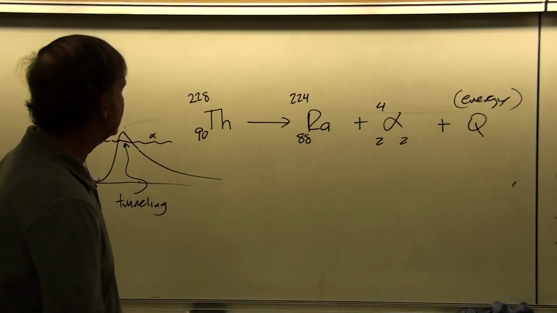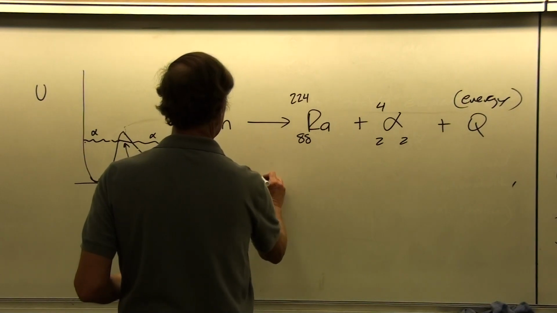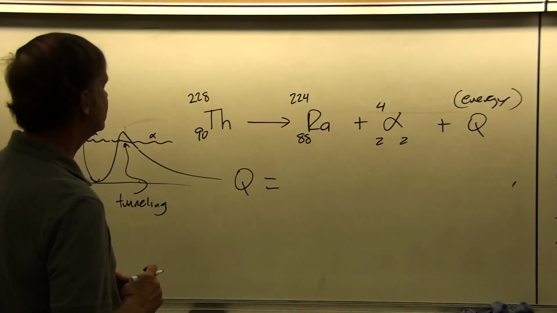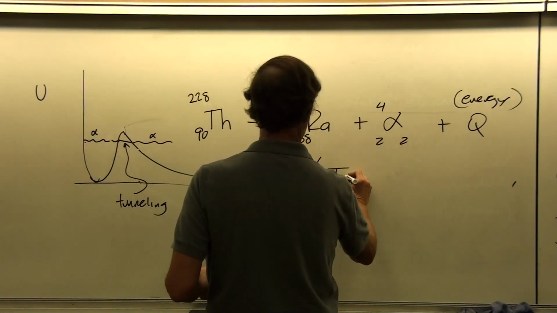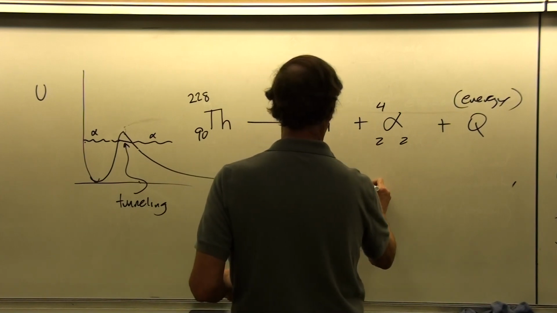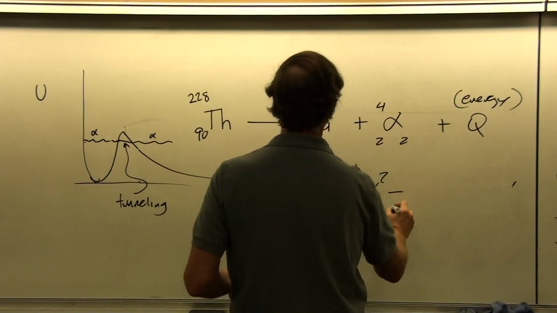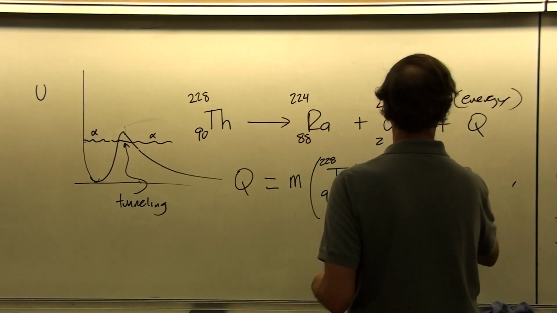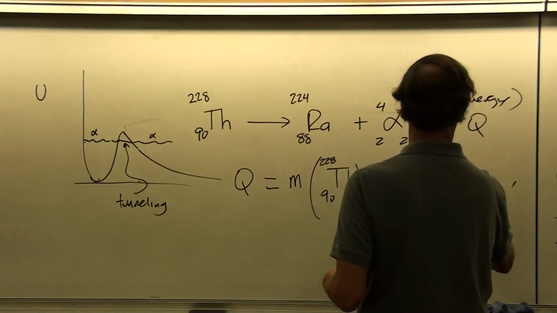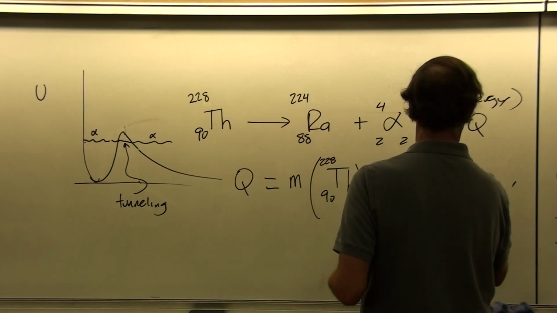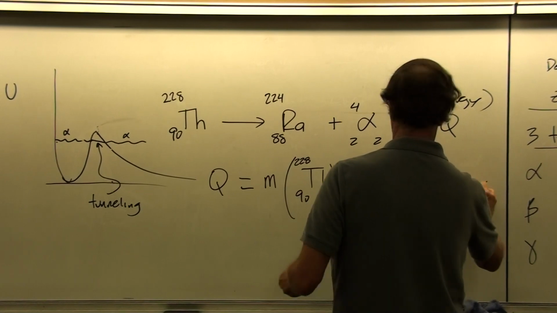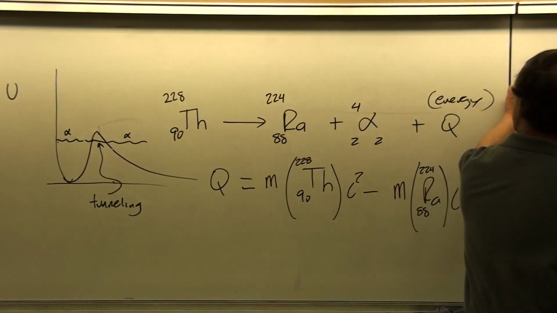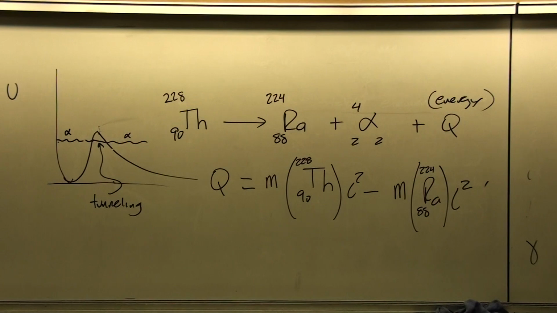So to figure out the Q value for this, Q is going to be equal to the mass of the thorium times c squared, minus the mass of the radium times c squared, minus the mass of the alpha particle times c squared.